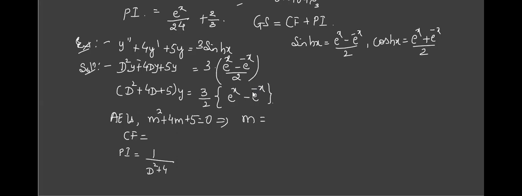Minus 2 plus or minus I. Hope all are getting the same. Anand, what have you got? Same answer, ma'am. Okay, minus 2 plus or minus I. Which type of roots, real or complex? Complex roots. How to write for this?